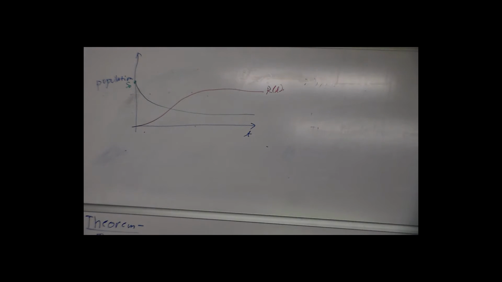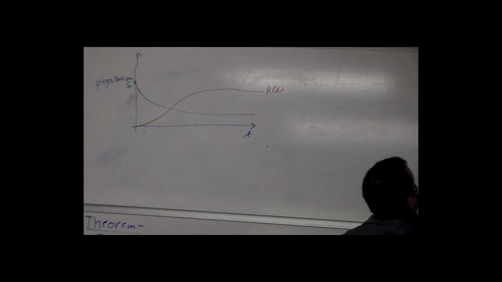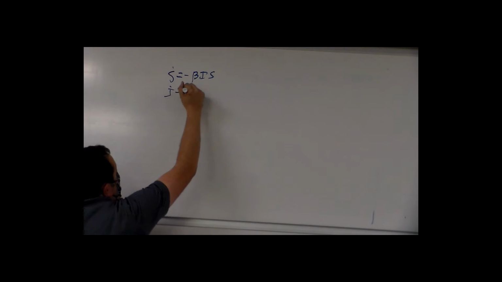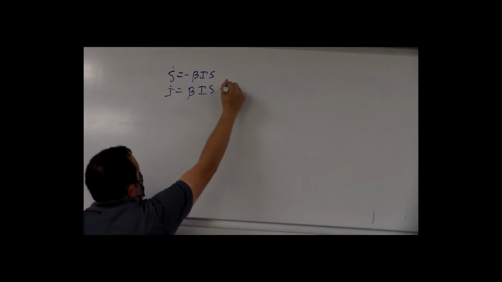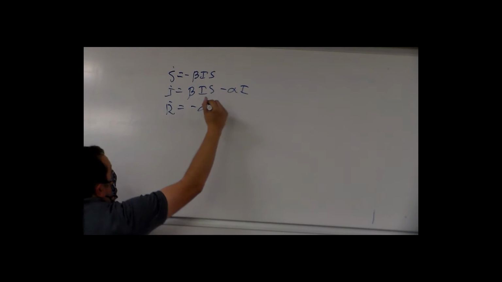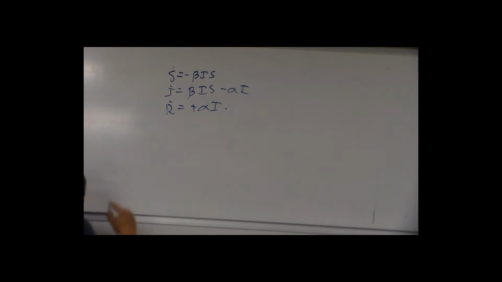I'm going to write down the equations. S dot is minus beta I S. I dot is beta I S minus alpha I. And R dot is plus alpha I.